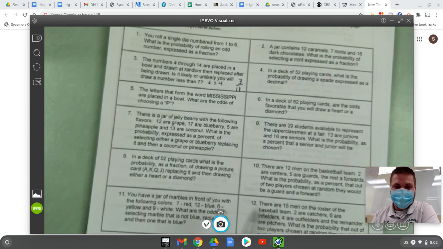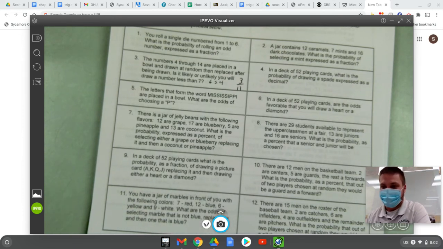Let's find another one. In a deck of 52 cards, what is the probability, as a fraction, of drawing a picture card, ace, king, queen, or jack, replacing it, and then drawing either a heart or a diamond? A couple things about cards.